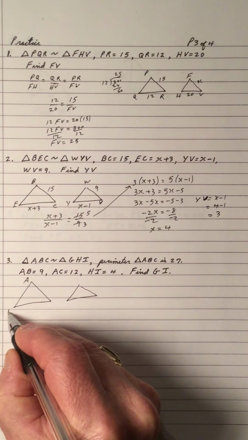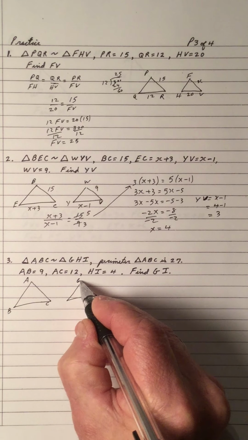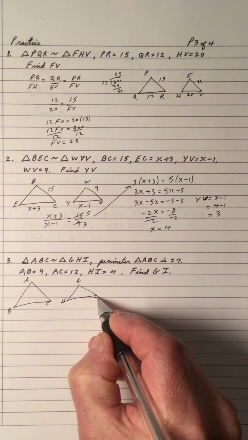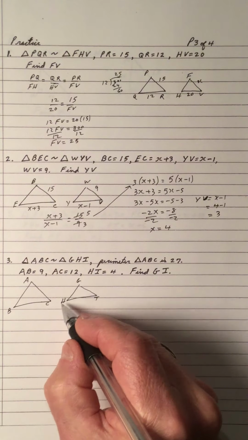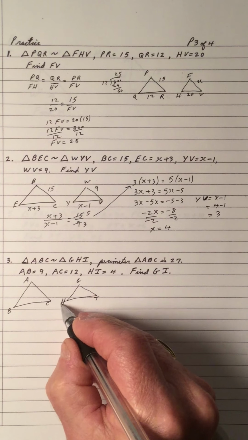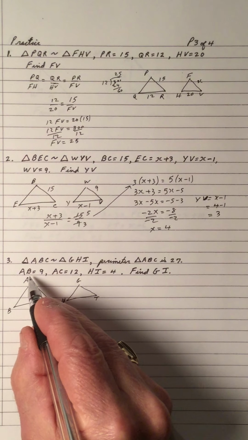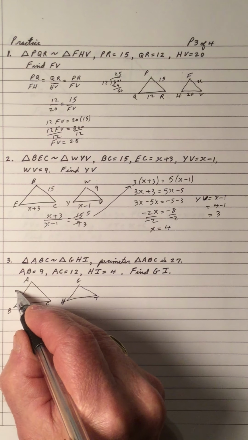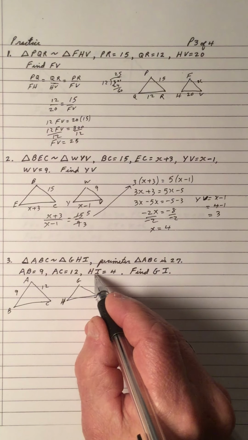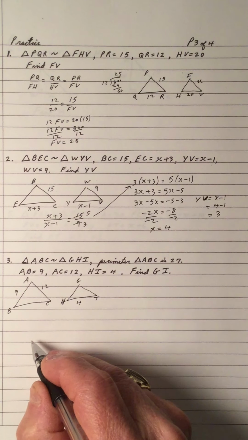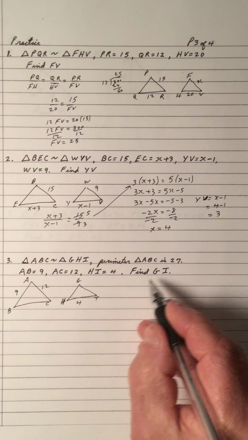Triangle A, B, C, and we got G, H, I. Notice I said A, B, C, G, H, I. Keep the order, the way you flow. So AB is 9, AC is 12, HI is 4, and we got to find GI.